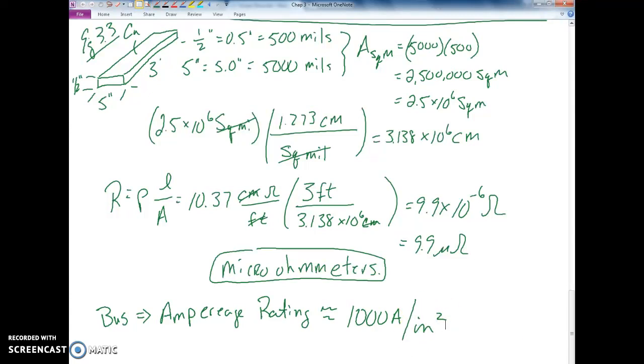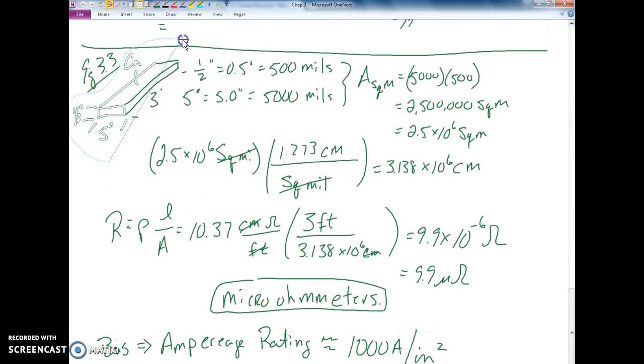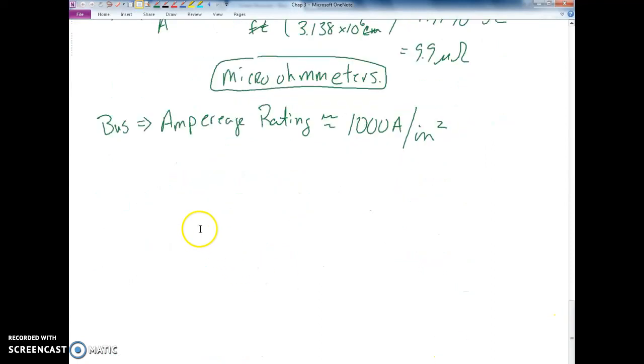Okay, so if I had this piece of bus up above there, let me just go ahead and grab another picture of it. And I'll drag it down here.